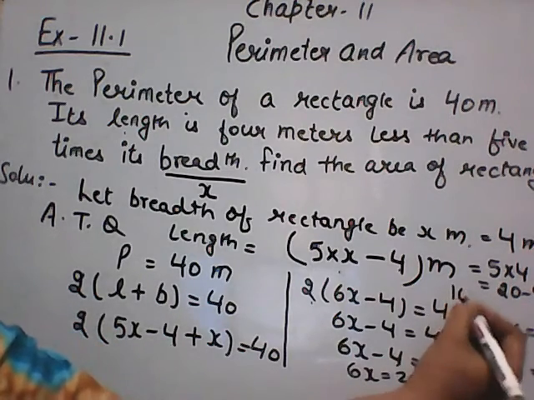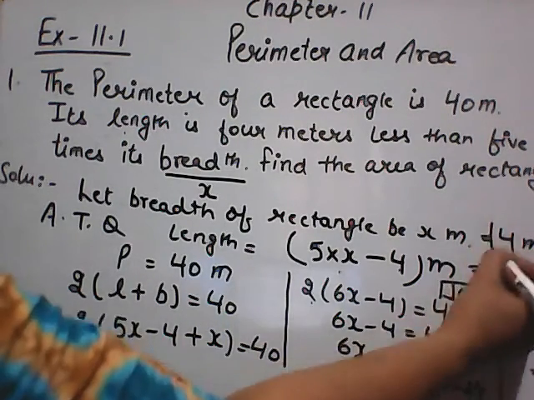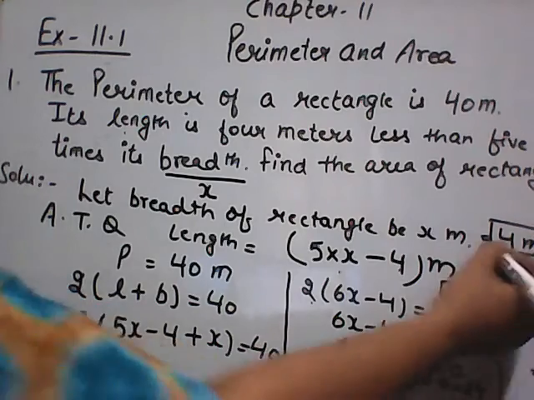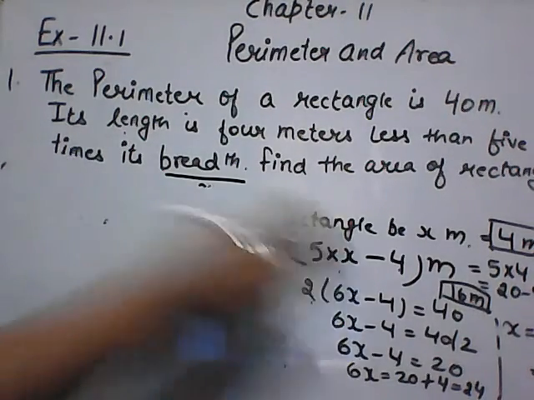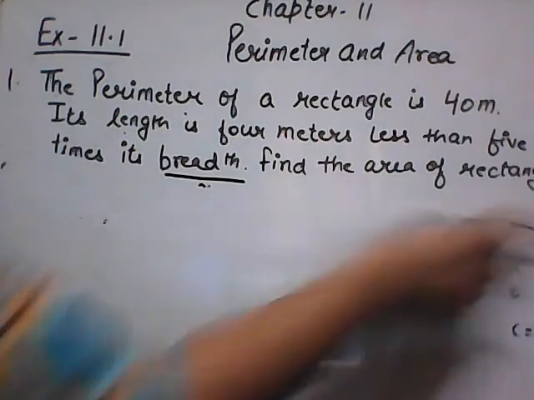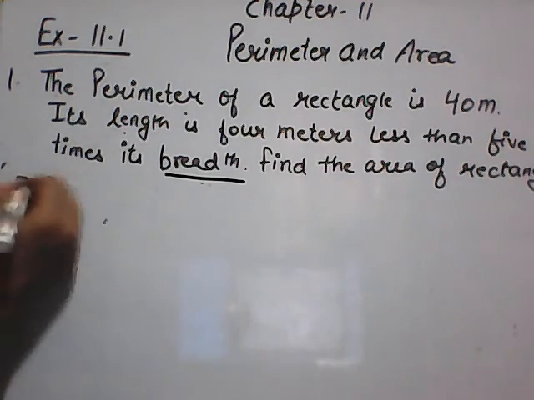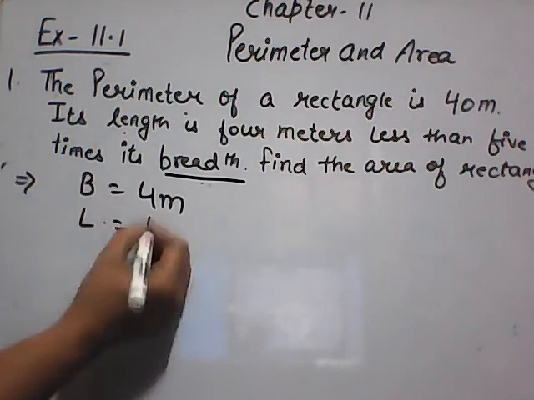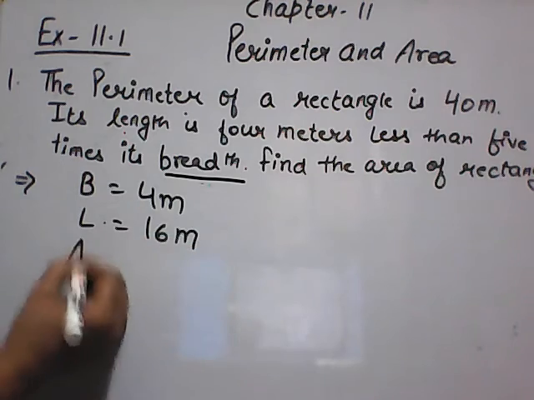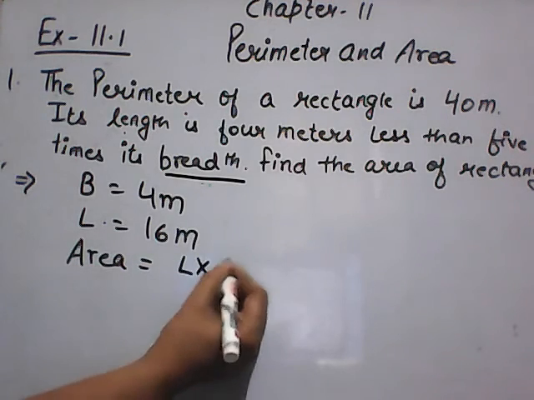Here 16 meter is the length of the rectangle and 4 meter is the breadth of the rectangle. Now we can find the area of the rectangle. We know the formula for the area of a rectangle is length multiplied by breadth.